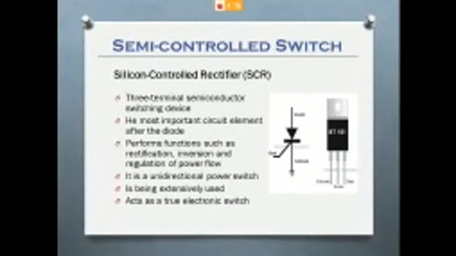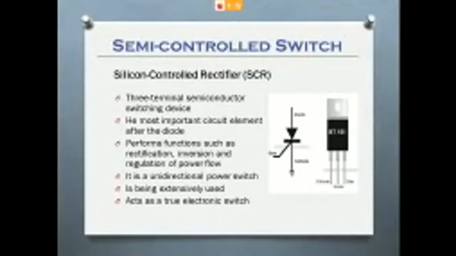It also helps in converting AC to DC. It also performs functions such as rectification, inversion, regulation of power flow, etc. Regulation of power flow, that's why we're using it as a switch. Rectification, okay, we know that. It is a unidirectional power switch.